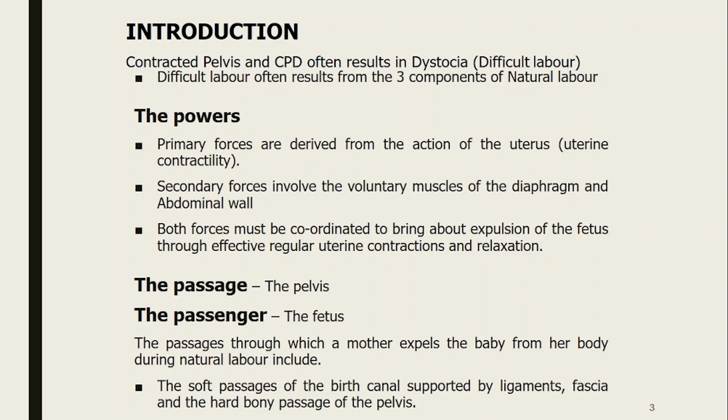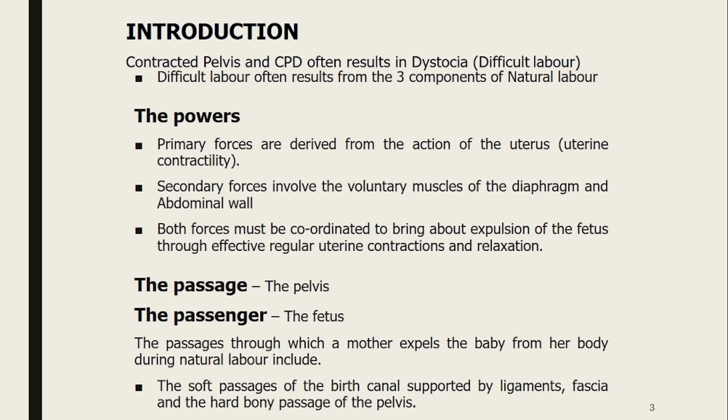Contracted pelvis and cephalopelvic disproportion often result in difficult labor. Difficult labor often results from problems with the three components of natural labor: the powers, the passage, and the passenger. The powers are of two kinds.